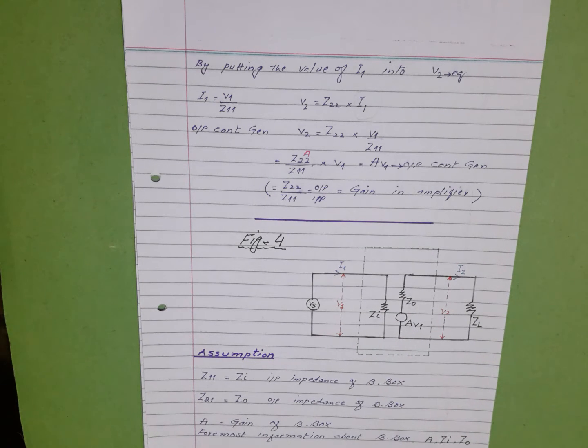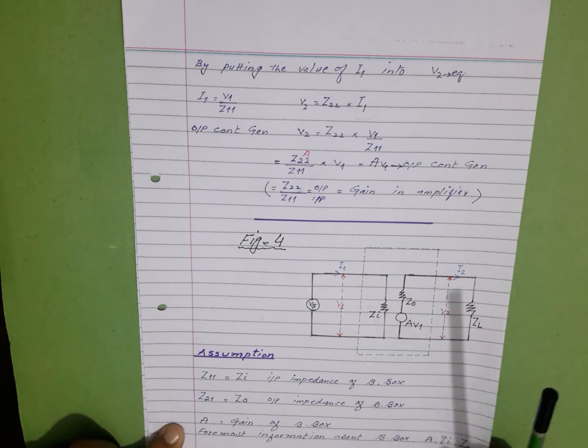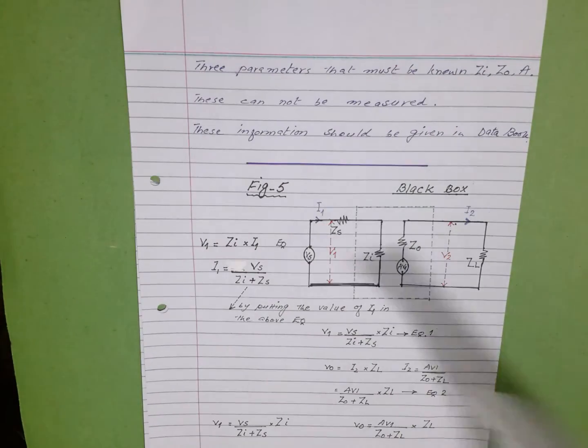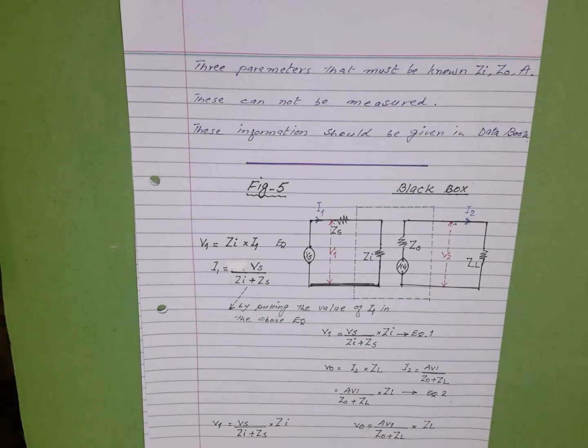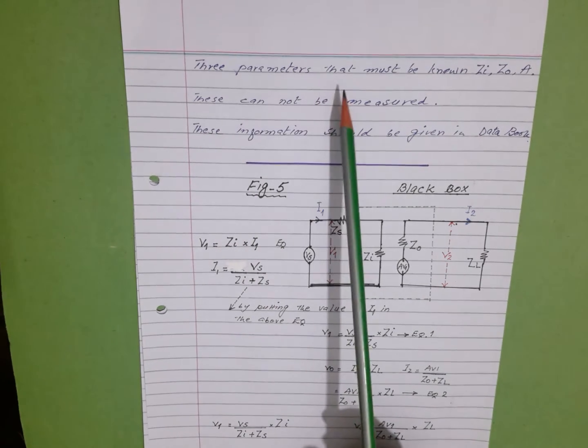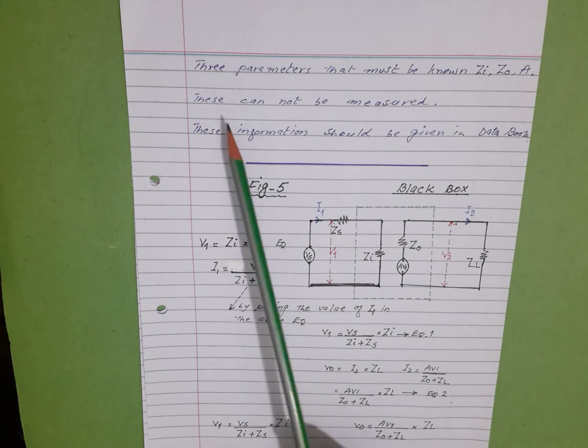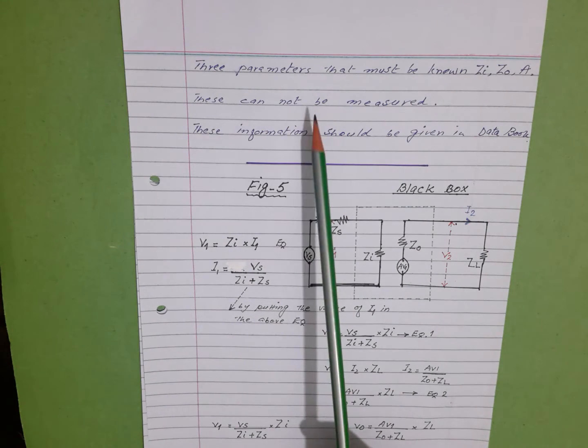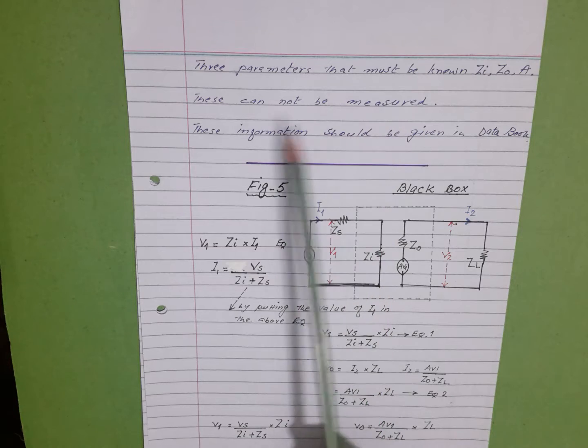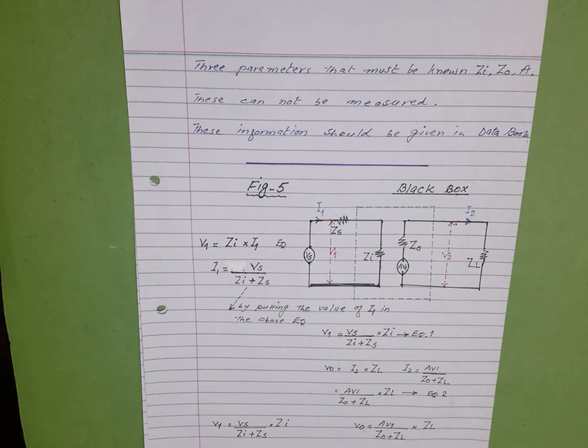These are the foremost information about the black box, and the black box is defined in terms of Zi, ZO and A. These are the three parameters that must be known. These cannot be measured. This information should be given in the data book.